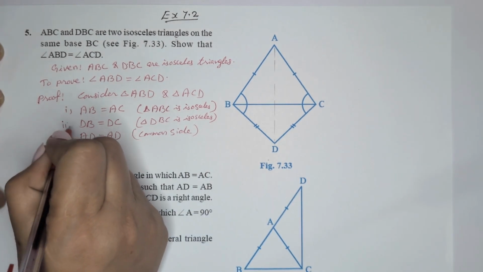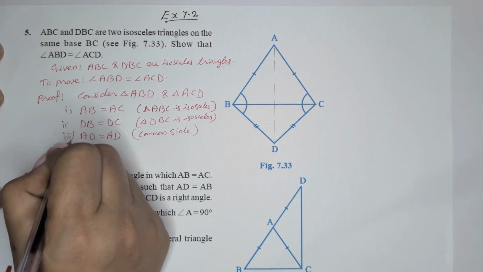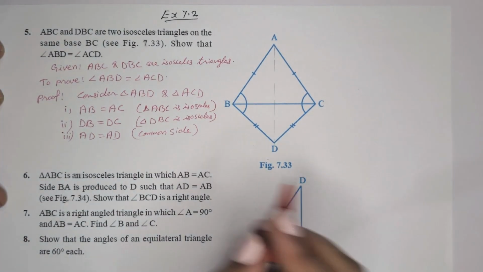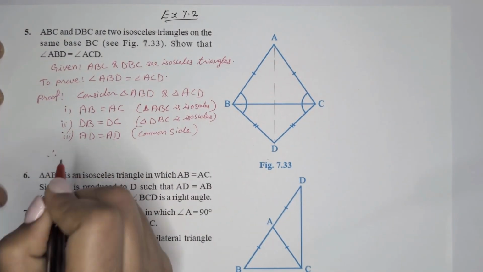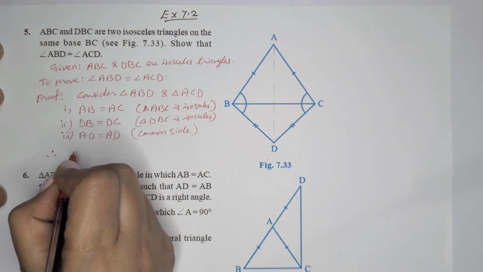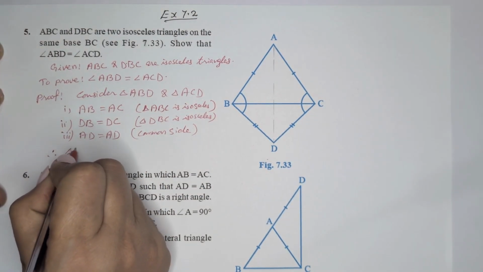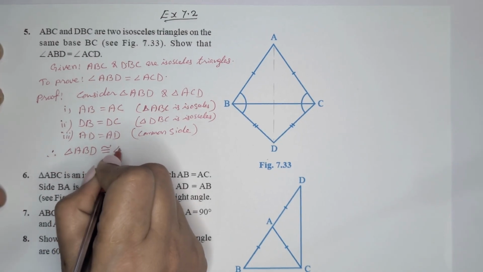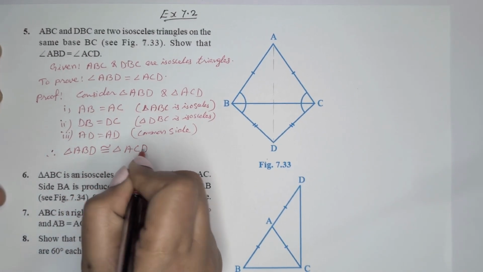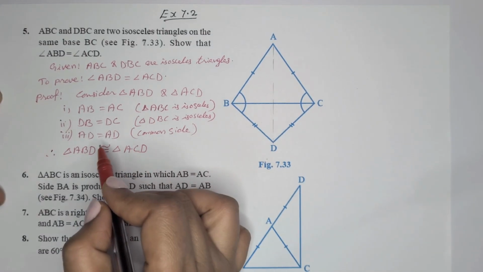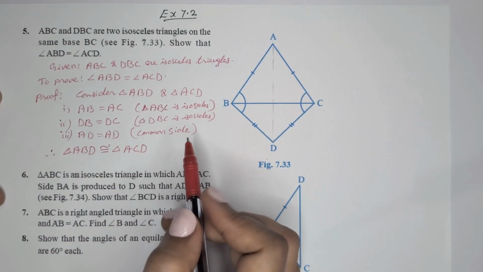Now three conditions we got equal in these two triangles. So we can write therefore these two triangles are congruent. That means triangle ABD is congruent to triangle ACD by using the three sides we have taken.